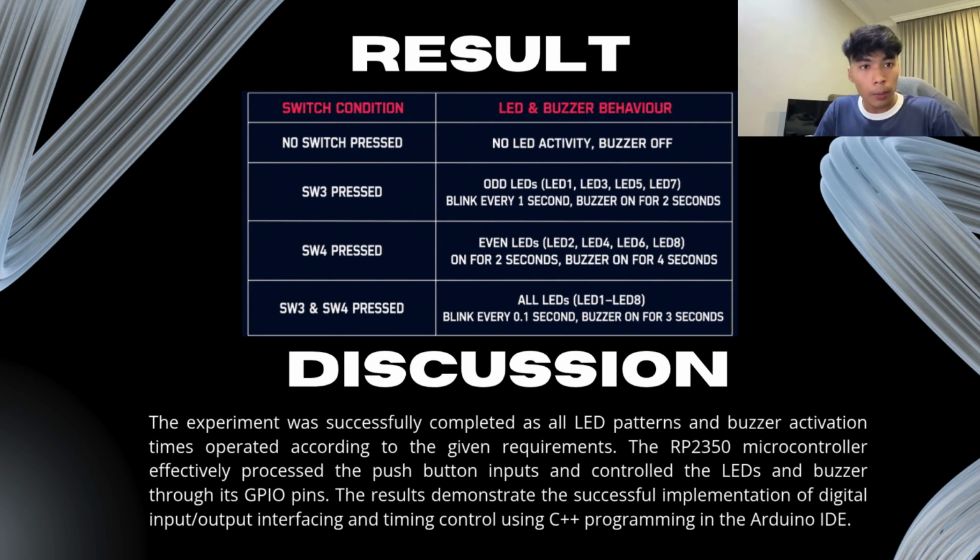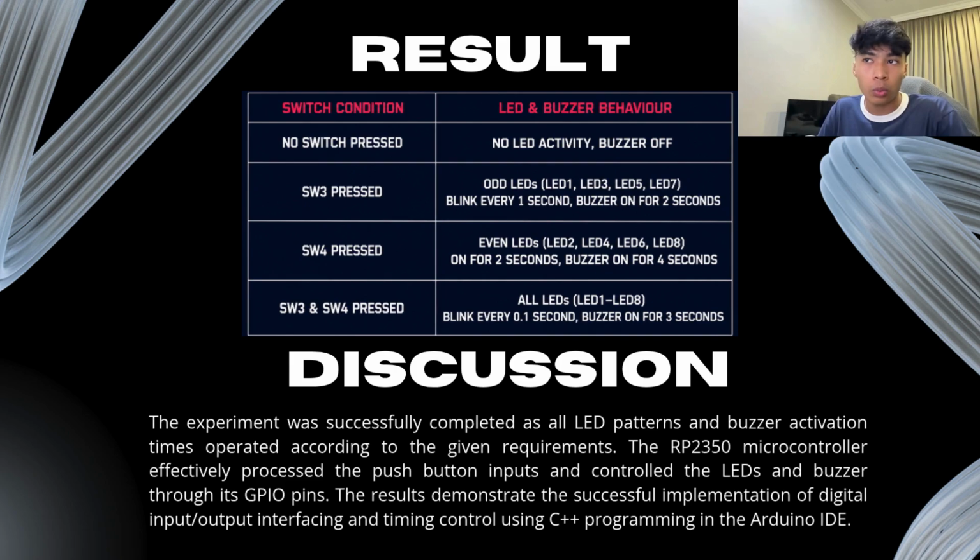Then moving on to our first demonstration from the video, which is switch 3 pressed. On the board it says GP20, resulting in the odd LEDs, which is LED 1, 3, 5, and 7, blinking every 1 second, and the buzzer on for 2 seconds.